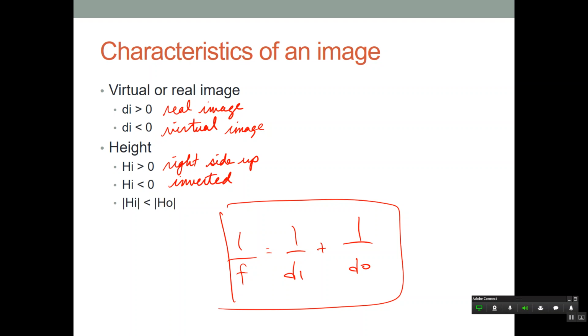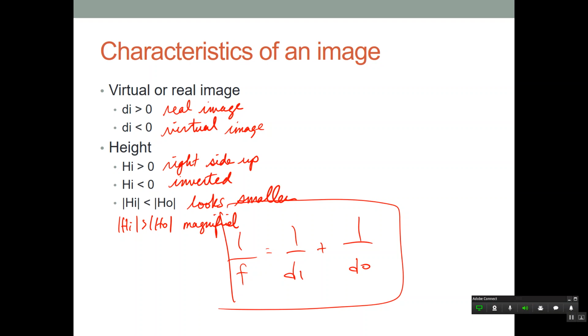Let's go with that. Looks smaller. And if HI was greater than HO, then it would be magnified. And it's also possible that HI is equal to HO, in which case it's just the same size. So far, so good?